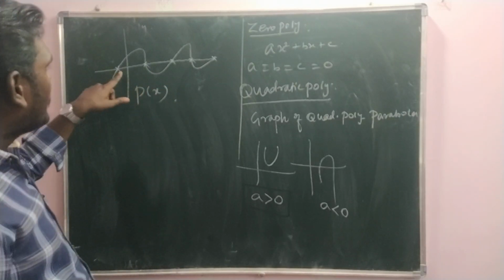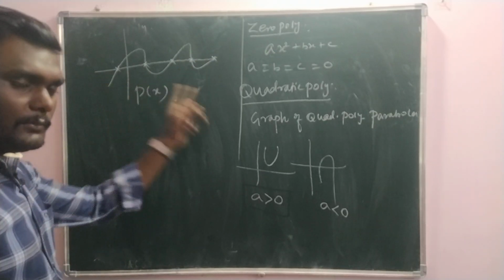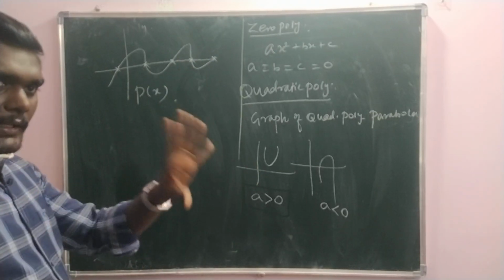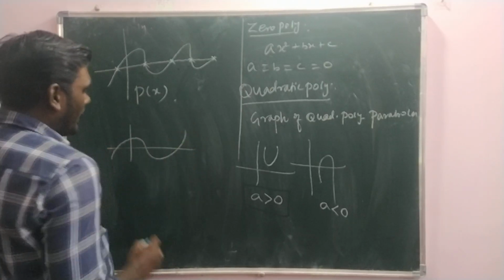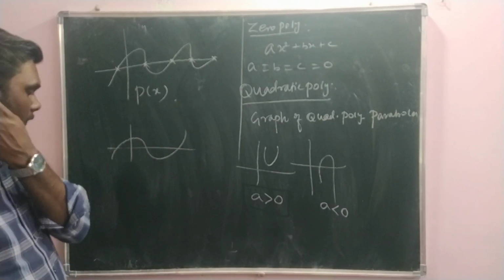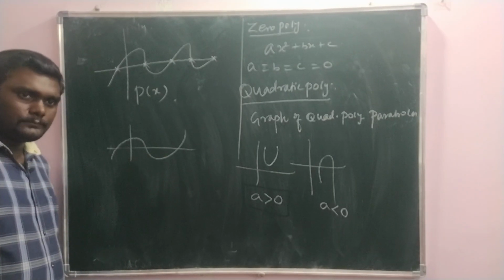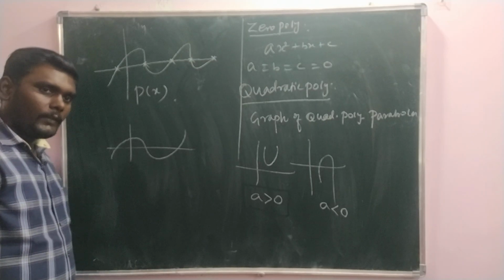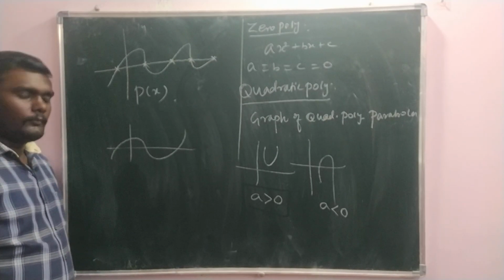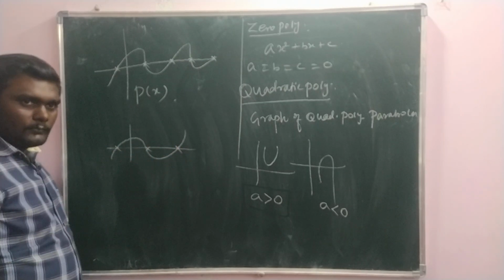Here, how many points of intersection we found? 1, 2, 3, 4, 5. Then, how many zeros does it have? 5 zeros. Okay. Likewise, can you say what kind of polynomial it is? What degree polynomial it is? Cubic, because we have 3 zeros. Got it?